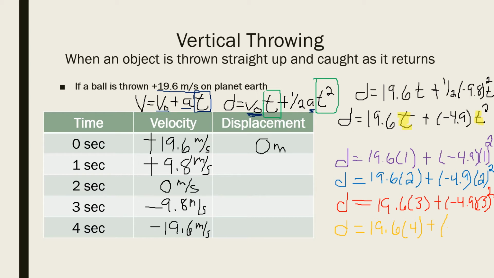Notice half of gravity never changes. That's the essence of what we're dealing with here. And when you type those things in, this is what you get. I actually know this, so I'm not going to type it in.